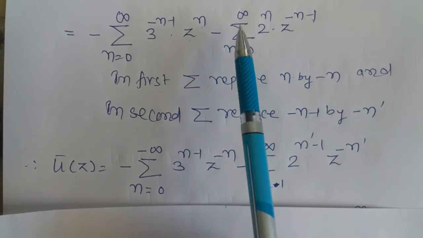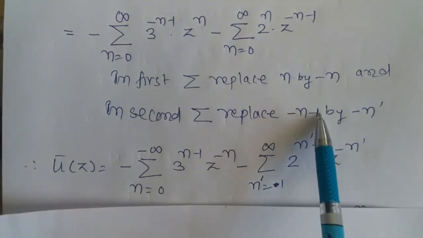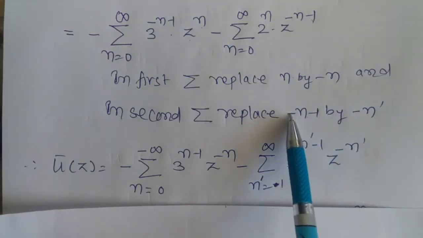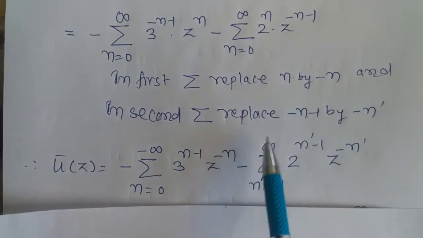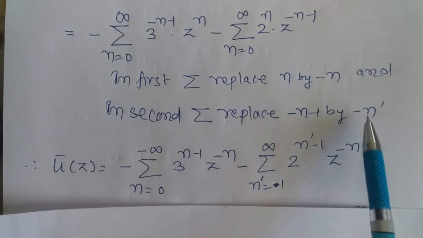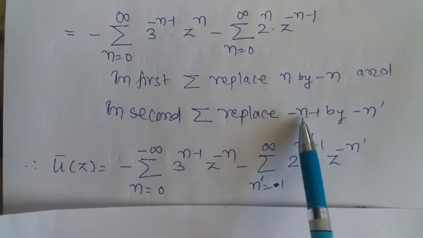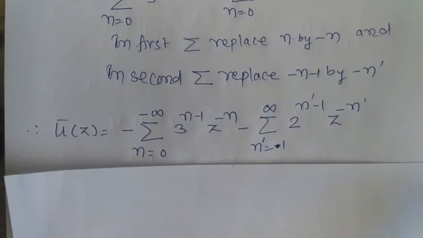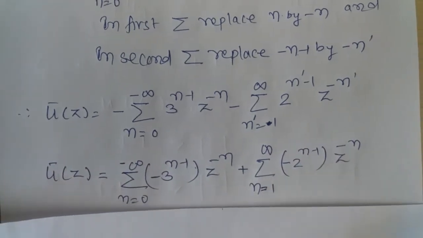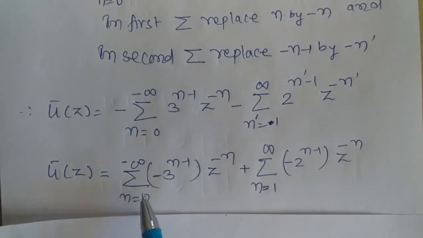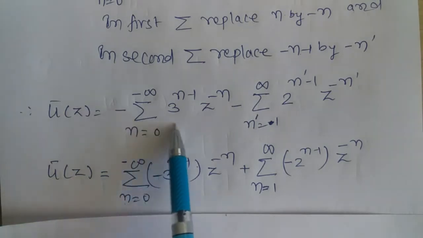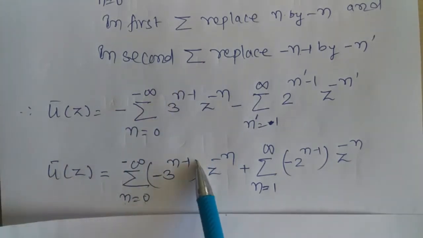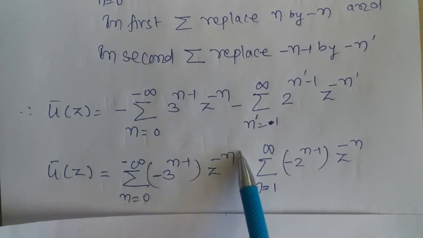And for n equal to infinite, we get minus n dash is minus infinite, so negative negative cancel, we get n dash is infinite. So here in second summation we replace minus n dash by minus n minus 1, so we get this expression. Now we write u bar z is equal to n goes from 0 to negative infinite minus 3 whole power n minus 1 into z power minus n.